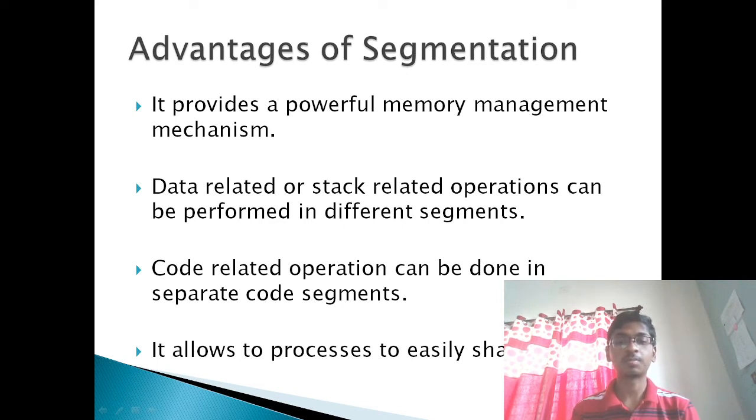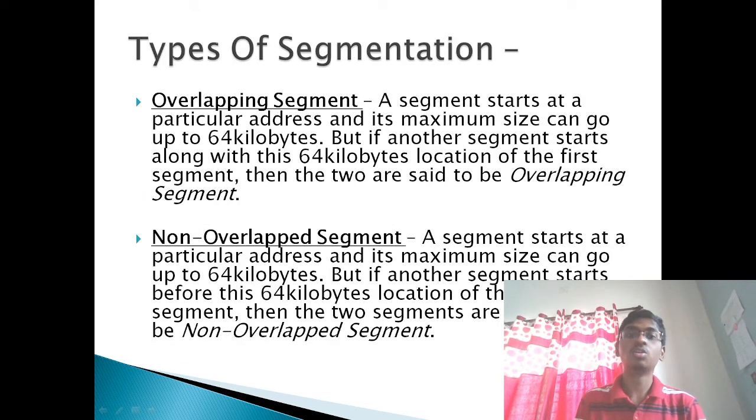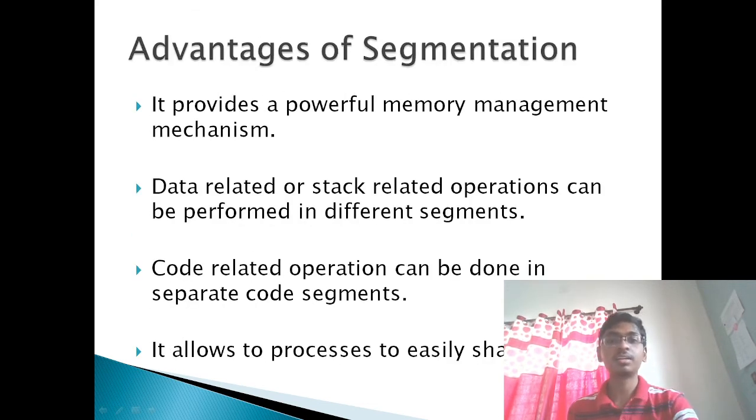For example, if a segment starts at a particular address, it will contain up to 64K bytes. When another segment starts before the 64K memory location of the first segment, the two segments are overlapped. We already know this before: overlapped segment, and another is non-overlapped segment.